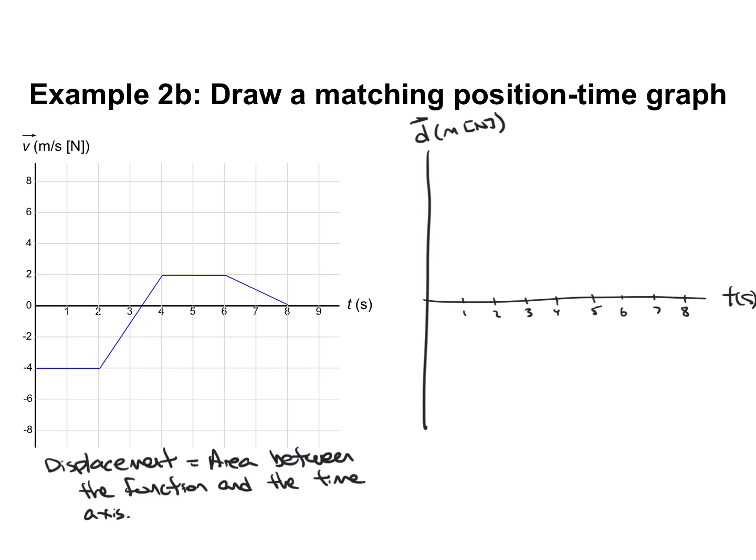Okay, so I'll start with 0 to 2 seconds. If I drop an imaginary line at the 2-second mark, I made myself a rectangle. If I calculate the area of this rectangle, I end up with the displacement that the object moved during those 2 seconds.